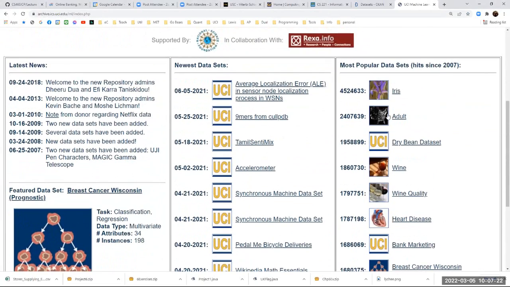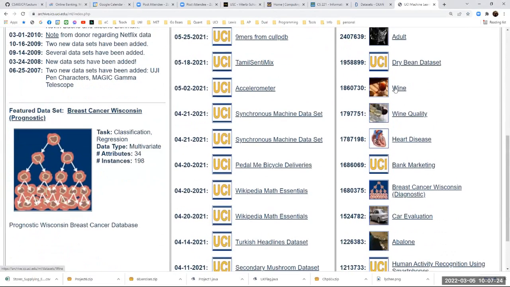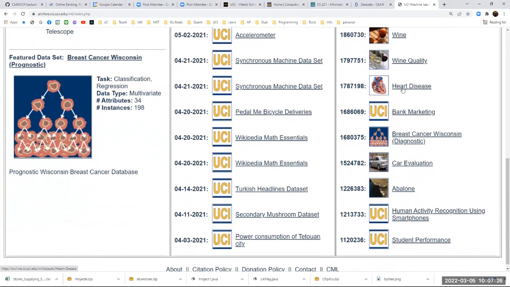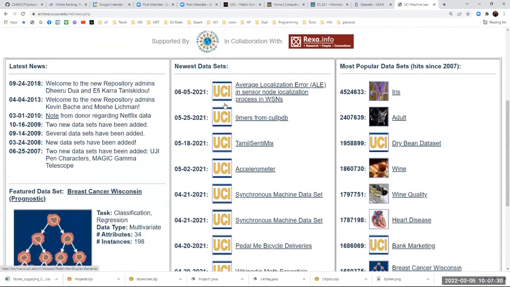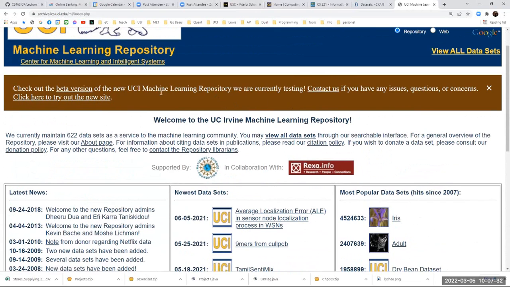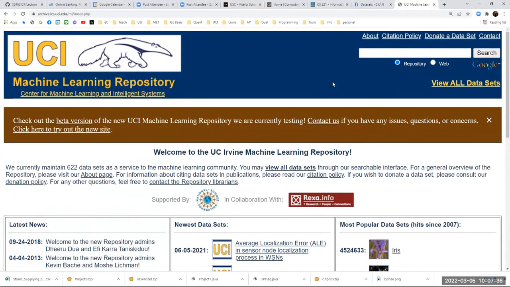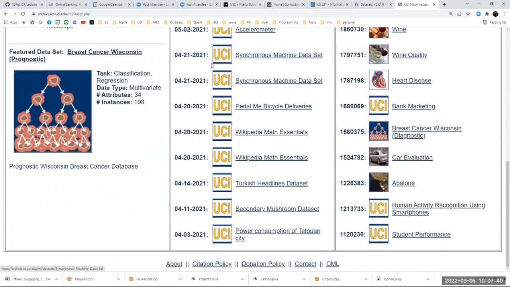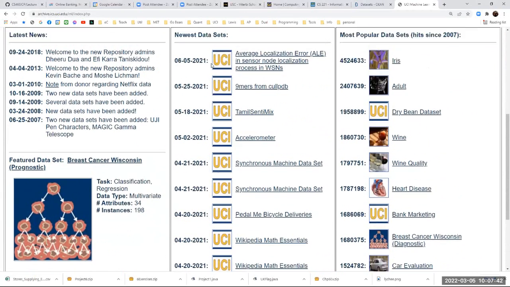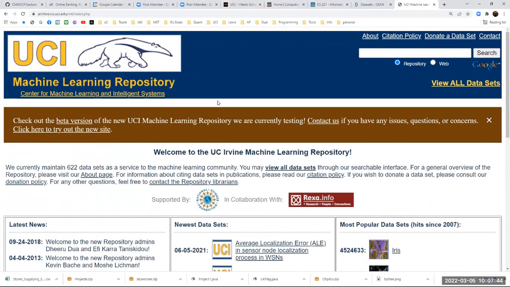So you have Iris, adult, wine quality, heart disease, bank marketing, all kinds of data sets. It's the largest one in the US. So data science at Irvine is very good. Computer science also, but engineering science is a little bit weaker.